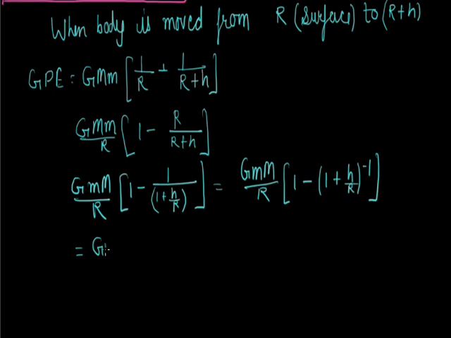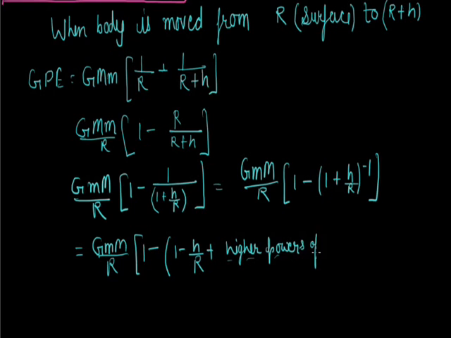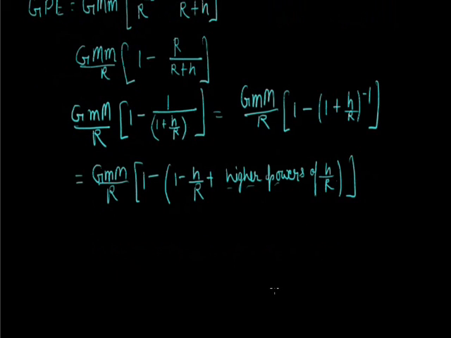By binomial expansion, when we expand this, we get 1 minus h by R and higher powers of h by R. If we consider that the small height h is very small compared to R, then h by R will be very small than 1.